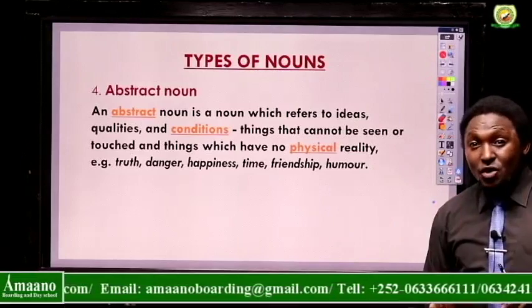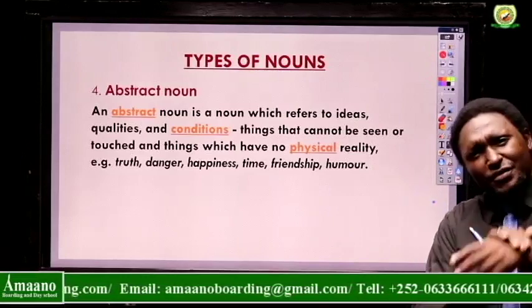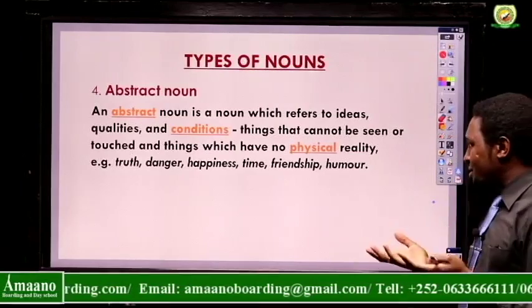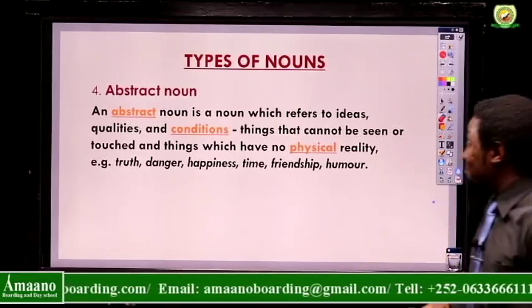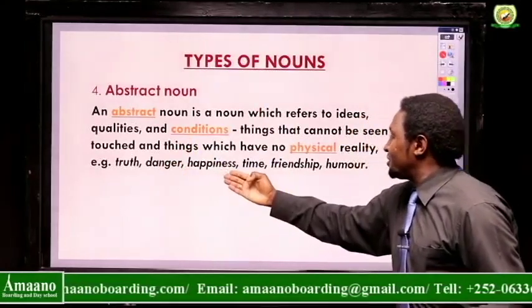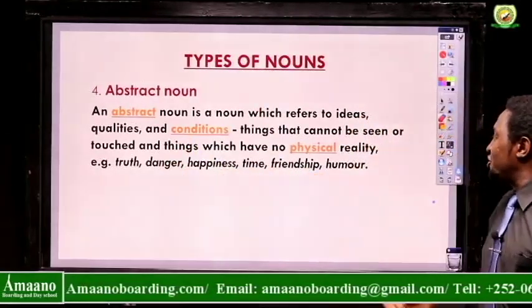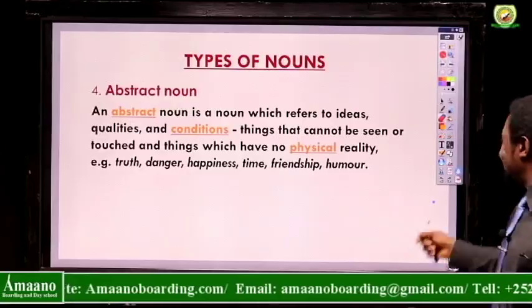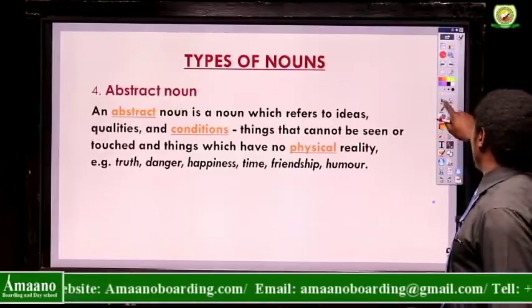They are not physical, and so you cannot feel them, smell them, but they are there anyway. For example, truth, danger, happiness, time, friendship, humor. Names of things, but they are not physical, so we cannot touch them.